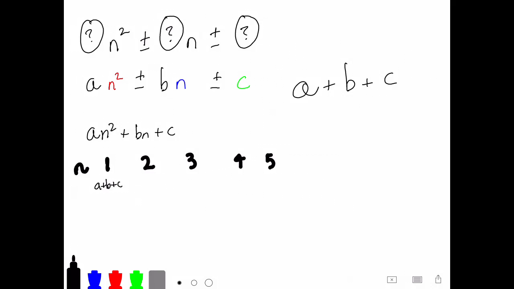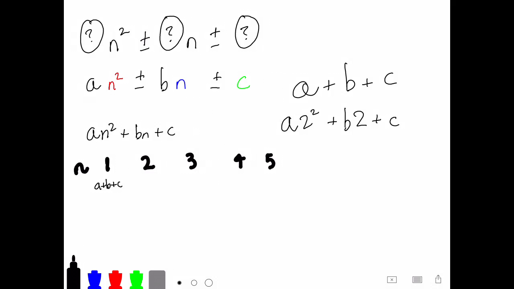Now we move on to the second term. We're going to substitute n for 2 this time. So it would be a2 squared plus b2 plus c. And c doesn't change at all because c is not multiplied by n in any way, so it's not affected by the nth term.